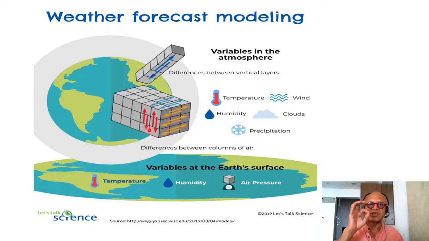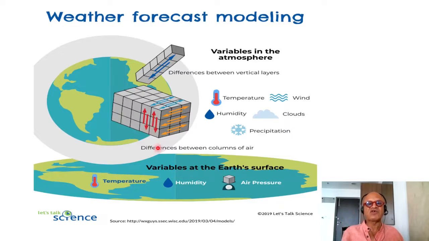Small errors in initial conditions become large errors in forecasts, and there are techniques like data assimilation which are used to initialize the model, and every 6 hours you may start the forecast again with new initial conditions, and so on and so forth.